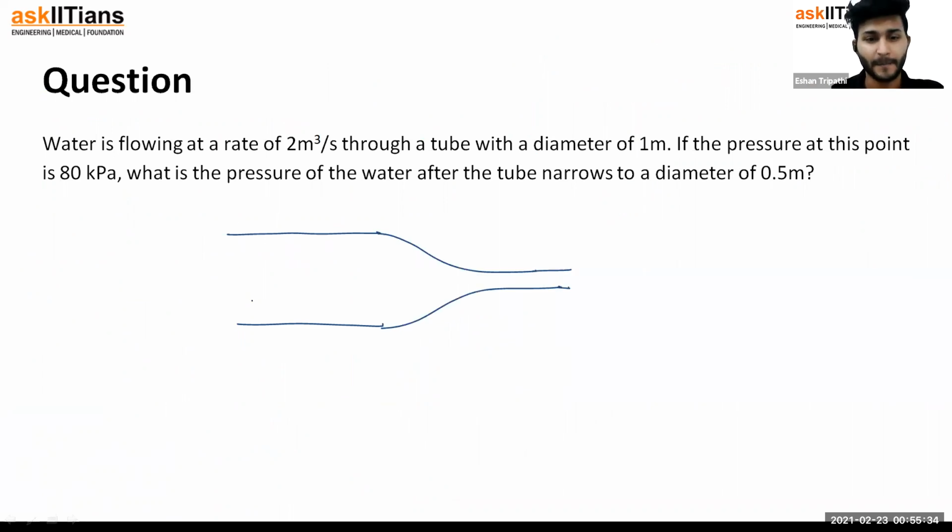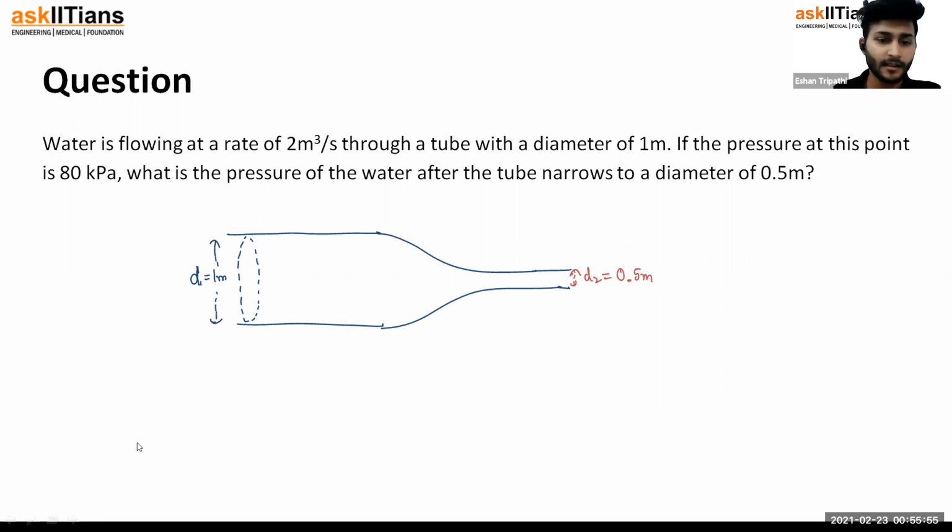The diameter on the left, D1, is 1 meter. And the diameter on the right, D2, is half a meter.